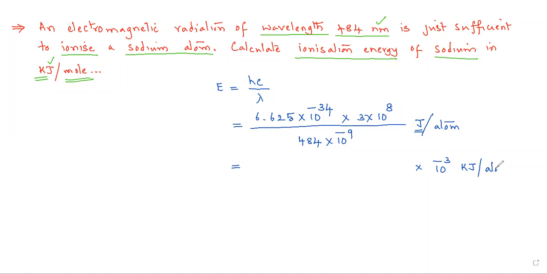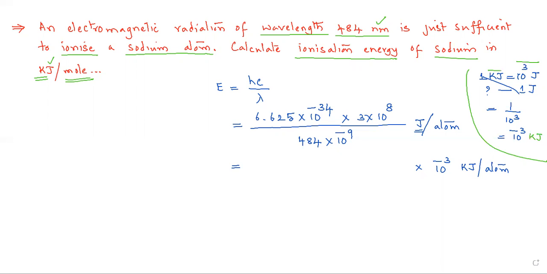Then that will become kilojoules, because 1 kilojoule is equal to 10 power 3 joules. But 1 joule is equal to how many kilojoules? It becomes 10 power minus 3. Check once again: kilo is 10 power 3, but in reverse, joules to kilo, 1 joule is equal to 10 power minus 3 kilojoules.